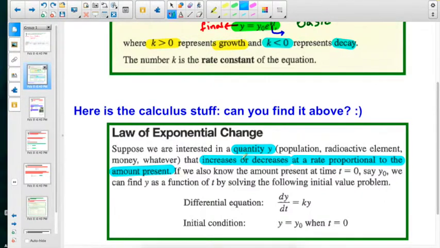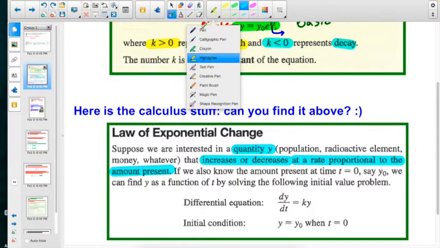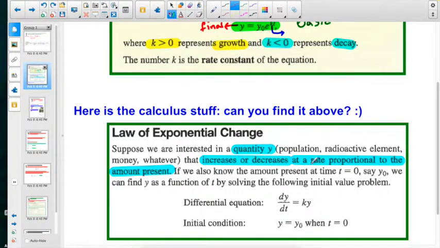So the amount present is quantity y. So if you notice then down here, if we get the keywords here, we have it increases or decreases at a rate. So here is that rate, or that differential, and that rate increases or decreases. So we're talking about growth or decay.